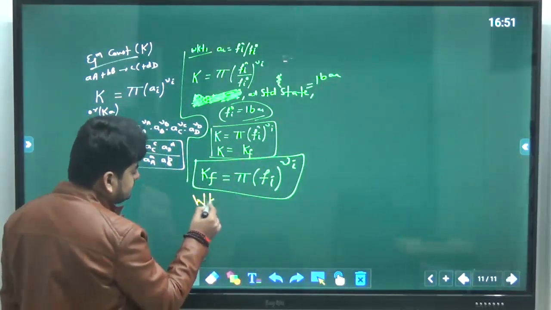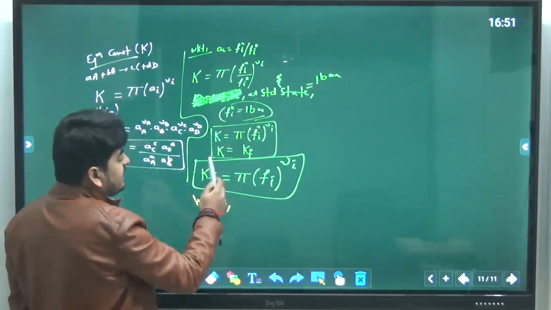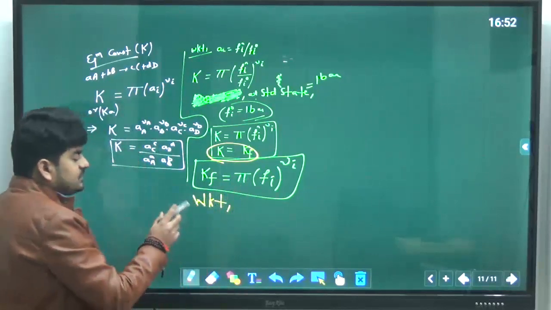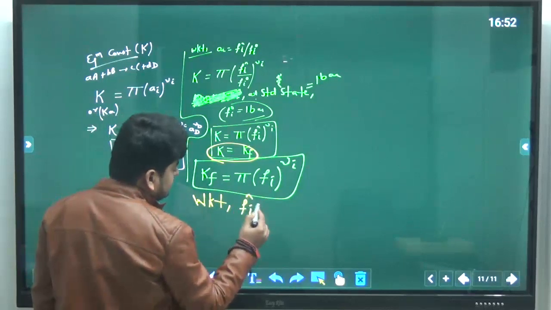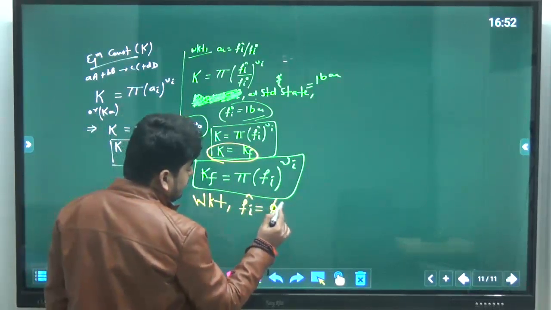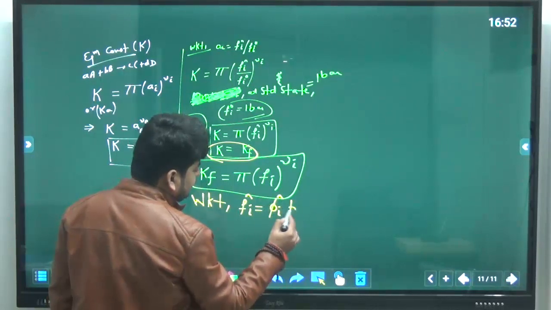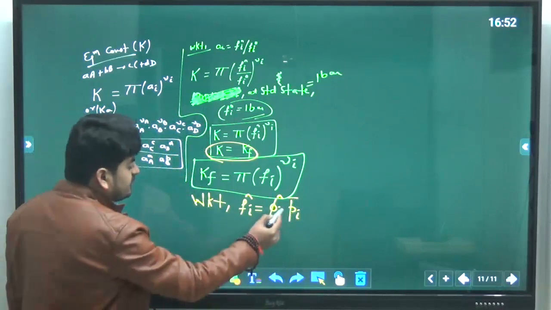Now further we know that at standard state 1 bar, K will be equal to K_f, that you should know. So we know that f_i cap is equal to phi_i cap into P_i bar.